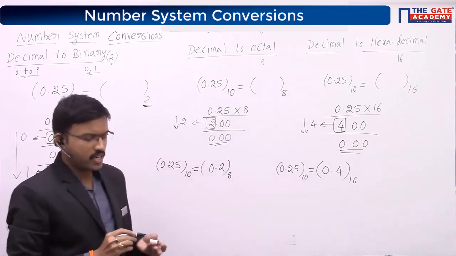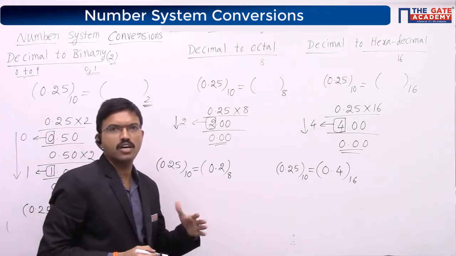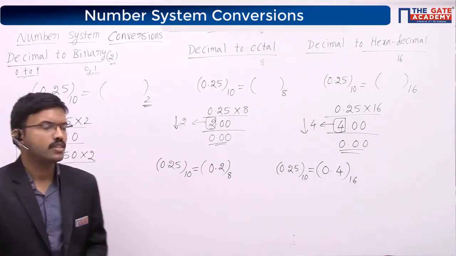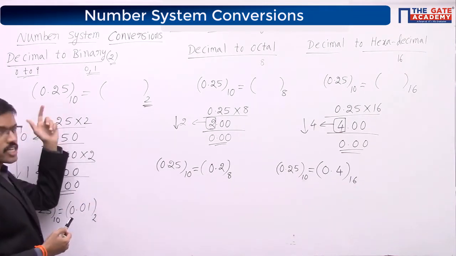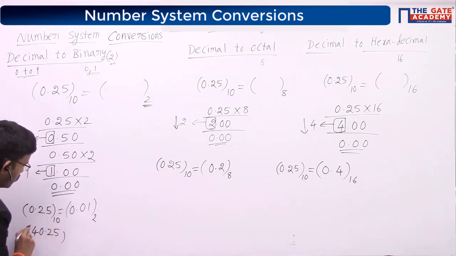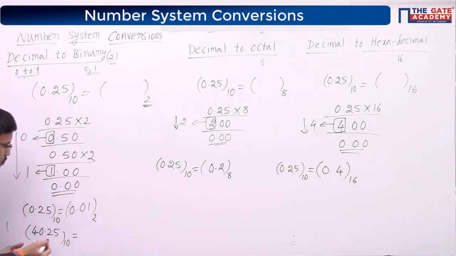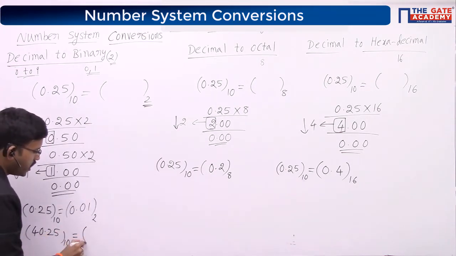See, for the integer part we have done repetitive division. For the fractional part we are doing repetitive multiplication. Opposite. Now combine both. Previously we considered the integer part and now we have considered the fractional part. Combine those two. Say 40.25. 40.25 base 10 is nothing but what? 40 plus 0.25, right? So for 40, what did you get earlier?